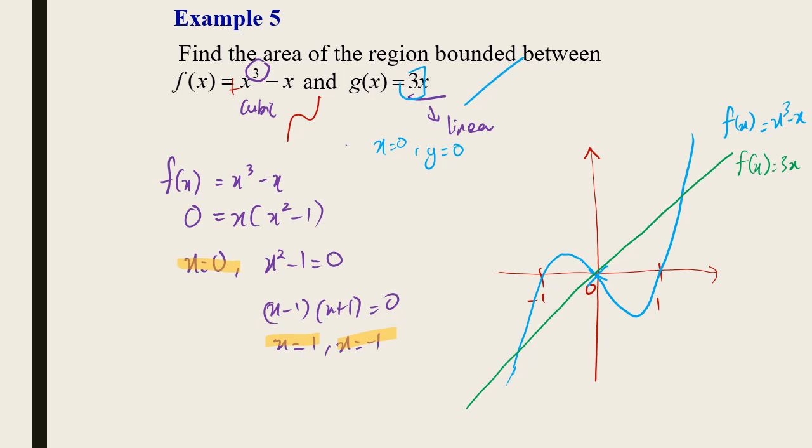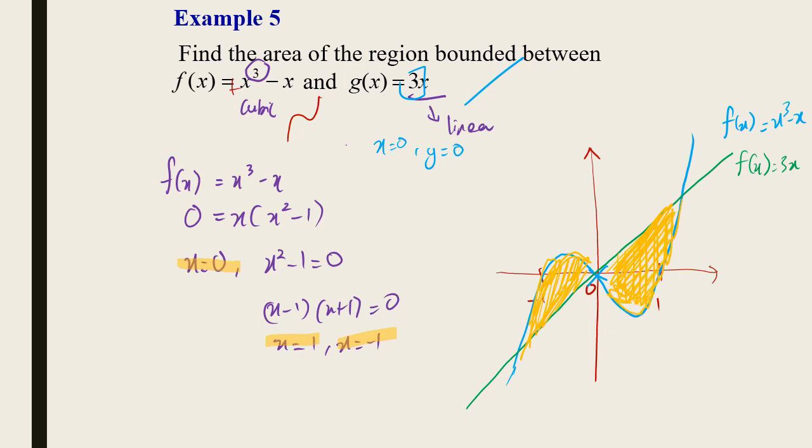So we want to find the area bounded between these two curves. The area bounded by these two curves will be this area and this area. So we have two areas that we need to find the value of. So it should be separated into two parts.